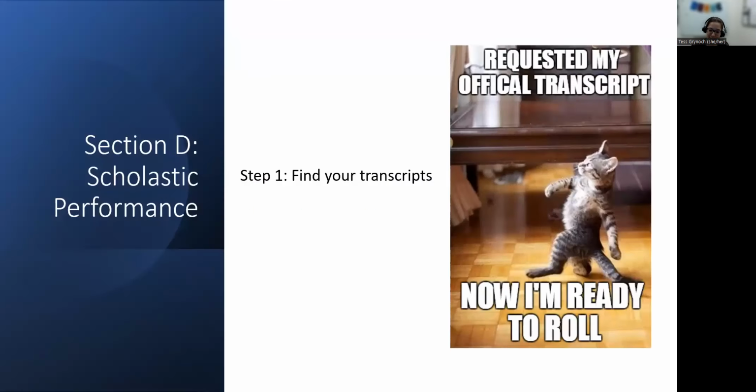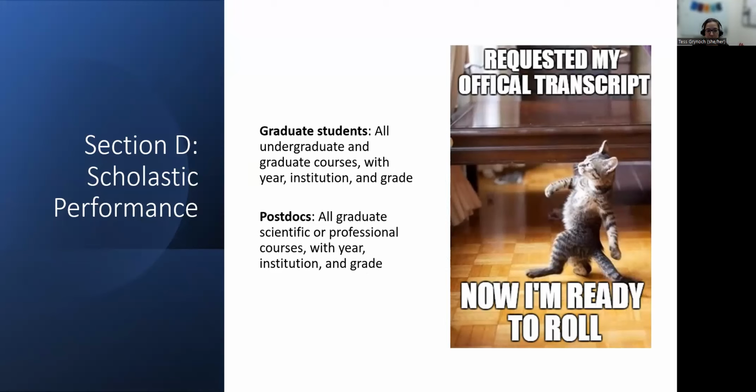So the next section to look at is scholastic performance. You're going to need a copy of your transcripts for this. For graduate students, as I mentioned, it's all undergraduate and graduate courses with year, institution, and grade. And for postdocs, it's all graduate scientific or professional courses with year, institution, and grade.